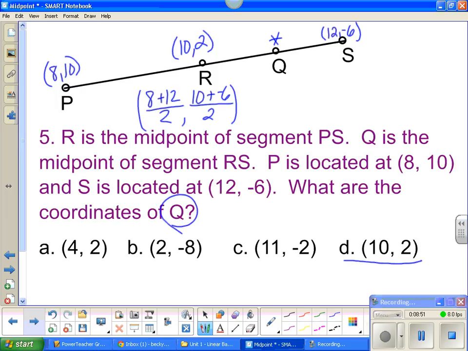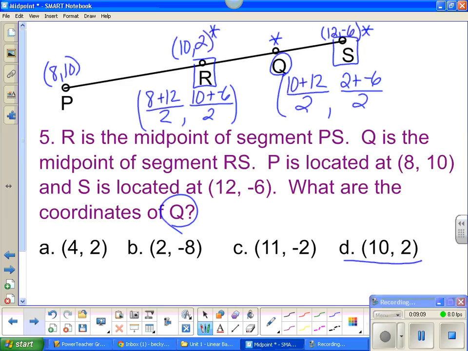So now what? Well, now I have to find the midpoint of RS to give me Q. So I'm going to be using that and that coordinate. So 10 plus 12 over 2, those are my x's, and 2 plus a -6 over 2, those are my y's.